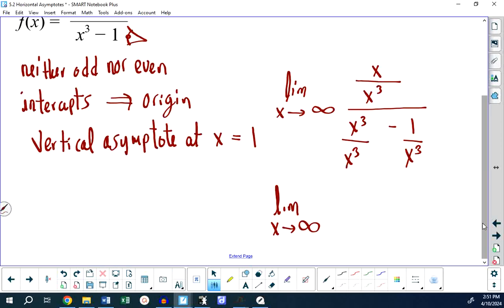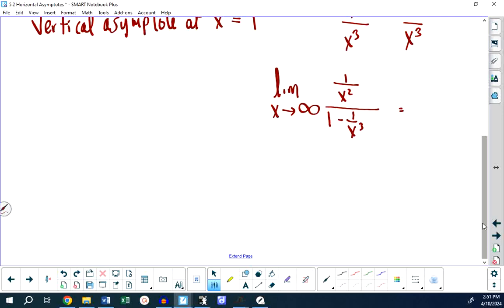So I end up with 1 over x squared on the top, 1 minus 1 over x cubed on the bottom, which is equal to 0. Because this is going to now be 0 on the top over 1 minus 0 on the bottom.